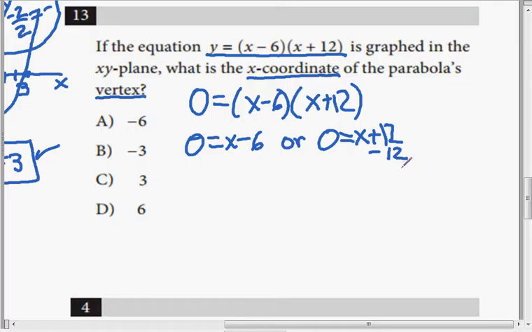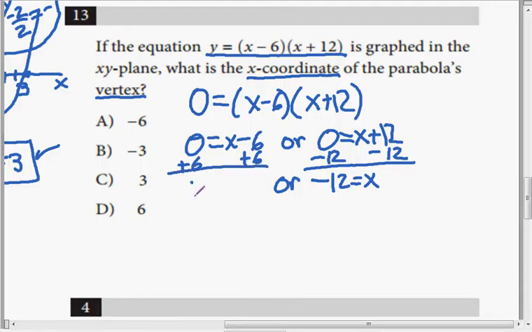I'll do minus 12, negative 12 equals x, or plus 6, 6 equals x. And if this were a formal problem, I would write x-intercept equals 6, x-intercept equals negative 12.